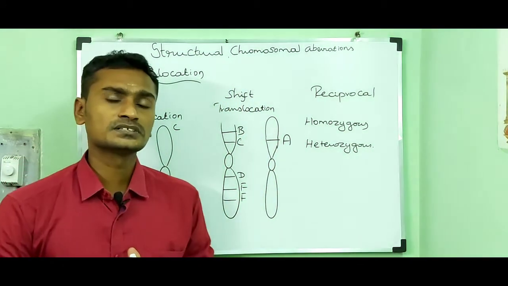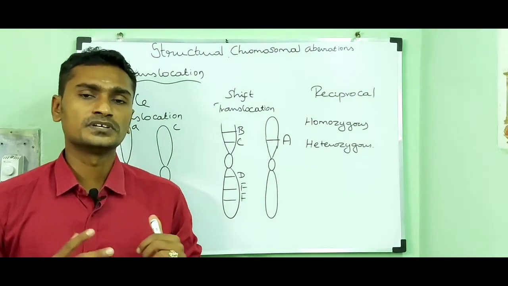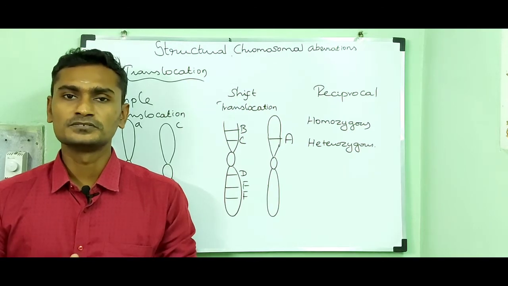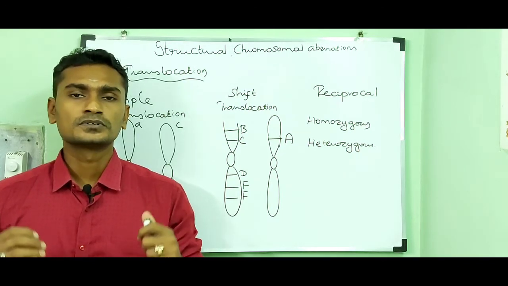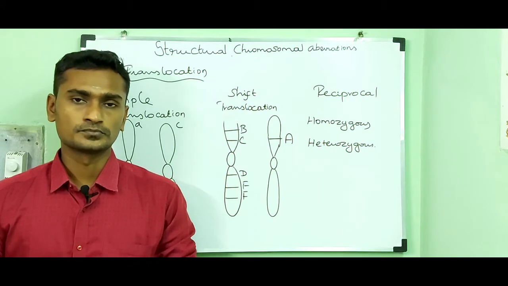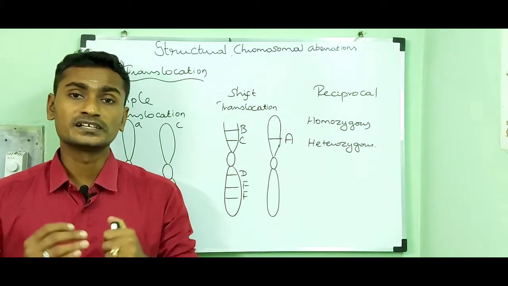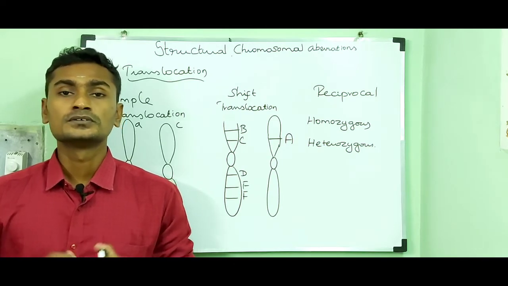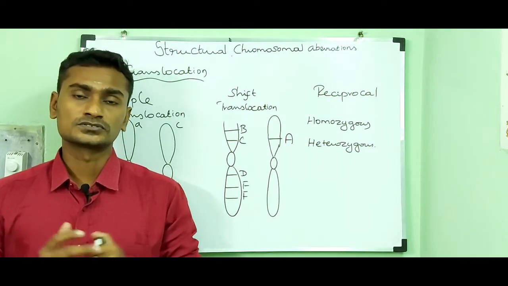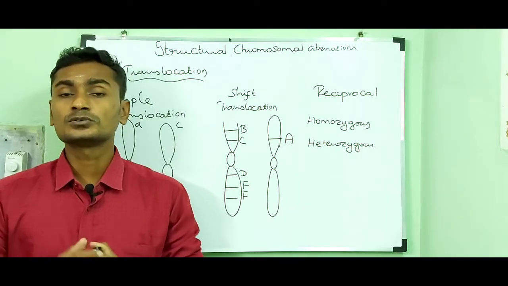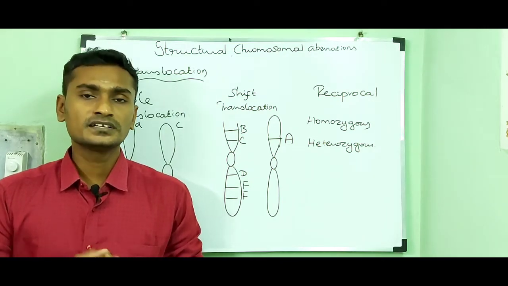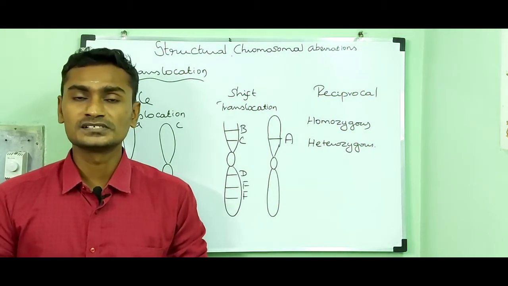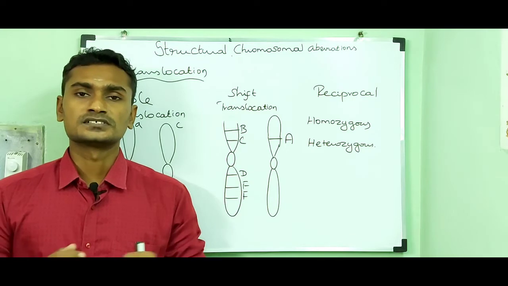Reciprocal translocation may be defined as the exchange of chromosome segments between two non-homologous chromosomes. That means the mutual exchange of segments between two non-homologous chromosomes. It is otherwise called illegitimate crossing over.